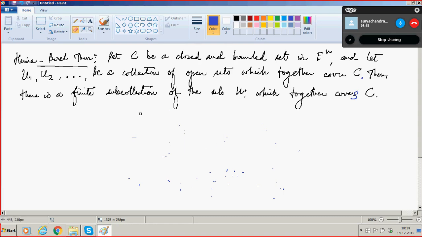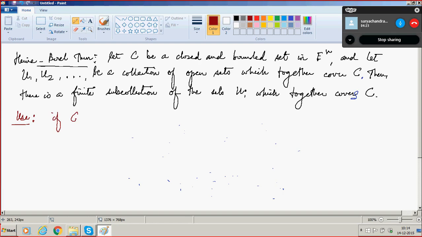Such sets are called compact sets. Compact. Okay. So one of the things we are going to use here is an exercise result.